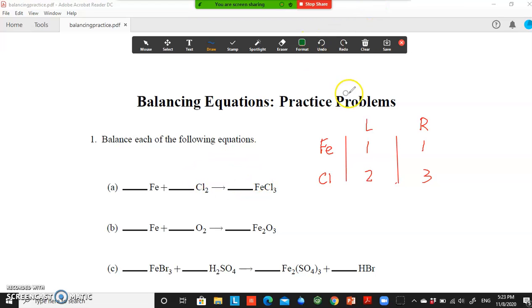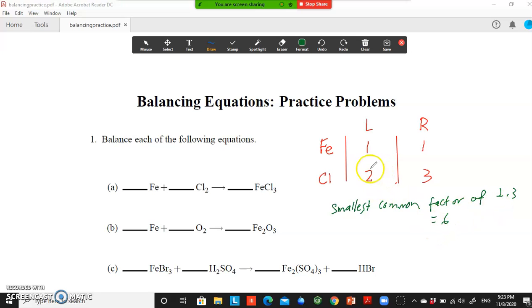So in order to do this, you have to make 2 and 3 equivalent. So you have to look for their smallest common factor of 2 and 3. So in this case, the smallest common factor of 2 and 3 is 6.